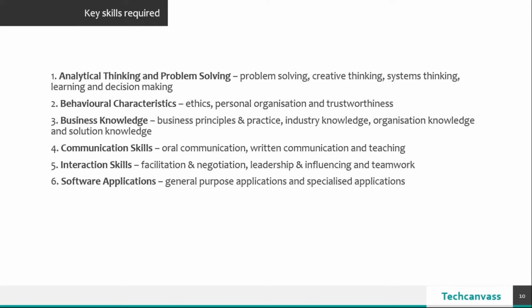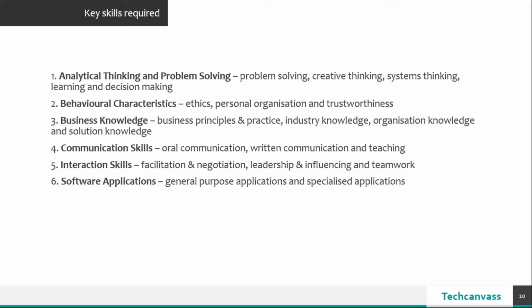Great. So talking about the key skills that are required, of course, you need to have proper analytical thinking and a problem-solving mindset, because unless you have that, you will never be able to provide solutions to your customers. Behavioral characteristics are very important, because as a business analyst, you are dealing with customers every day.